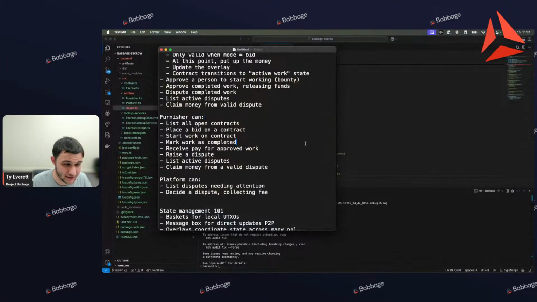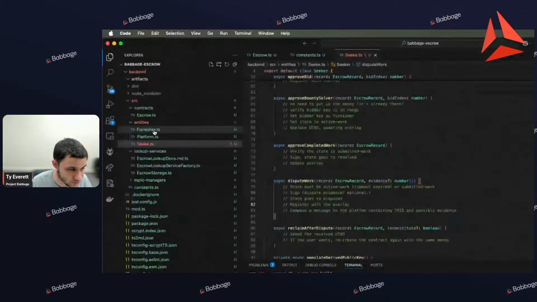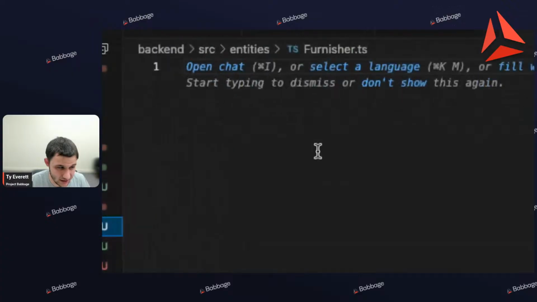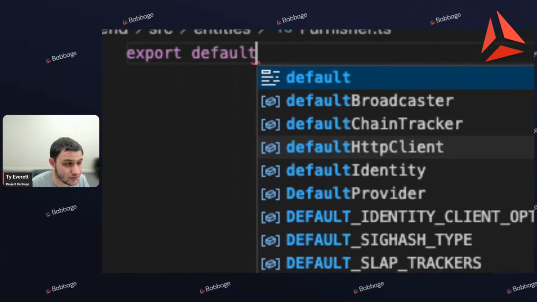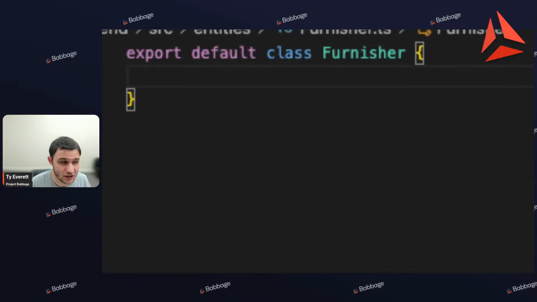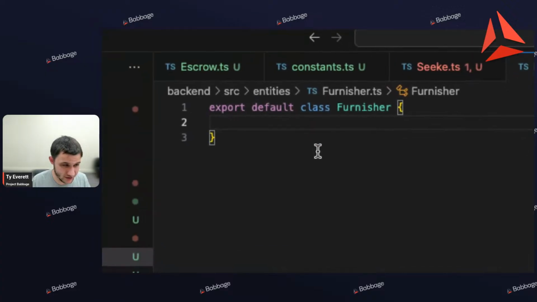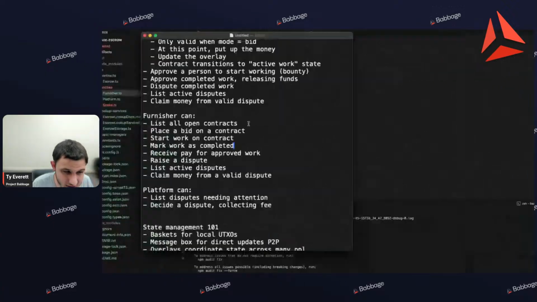There's different things going on in different places, but let me get back to the furnisher, so we can start to construct that as well. So essentially, a furnisher of services in this context can list all open contracts.